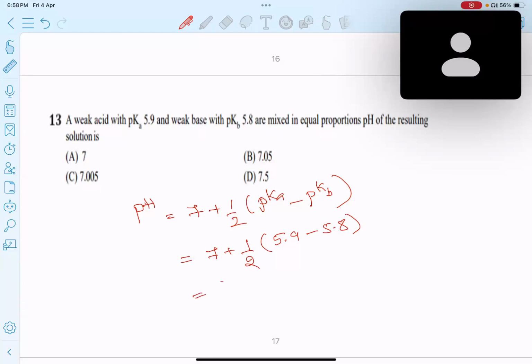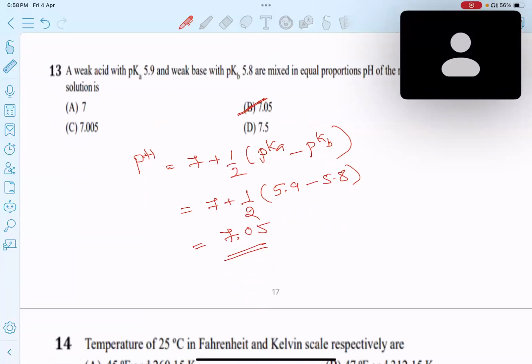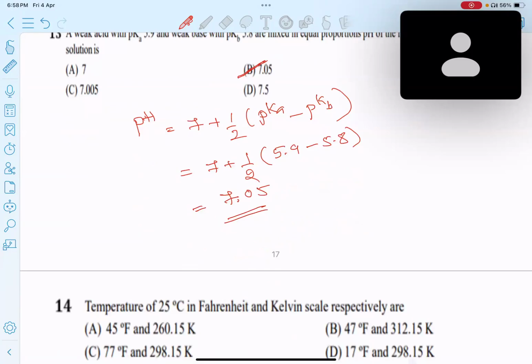The answer is 7.05. The pH of the resulting solution is 7.05. The correct option is B. Question number 13, correct option is B, 7.05.